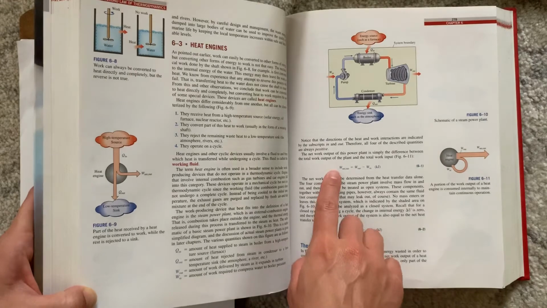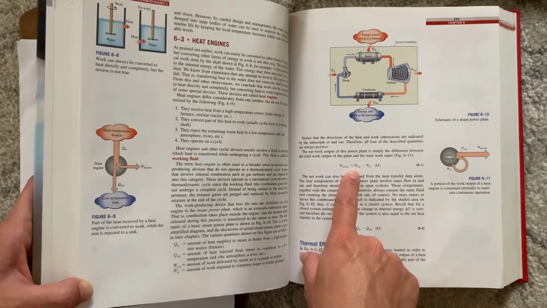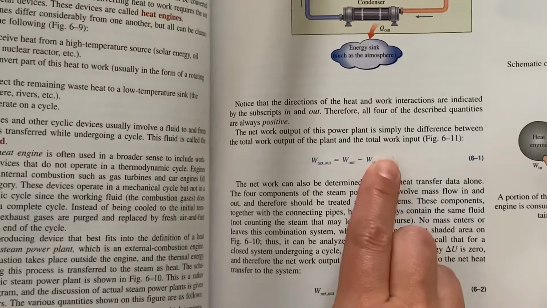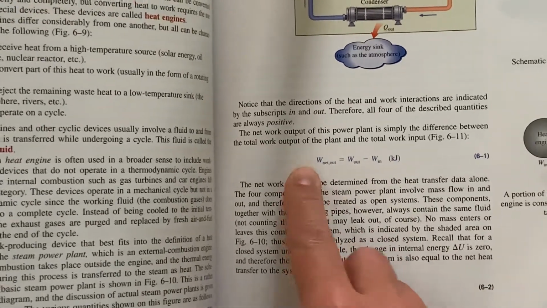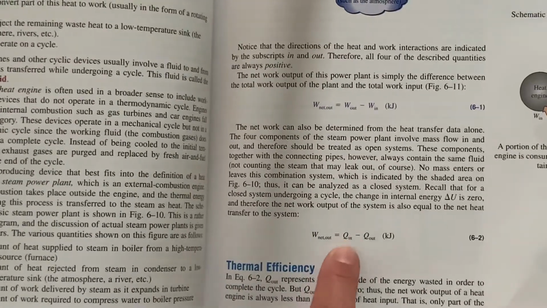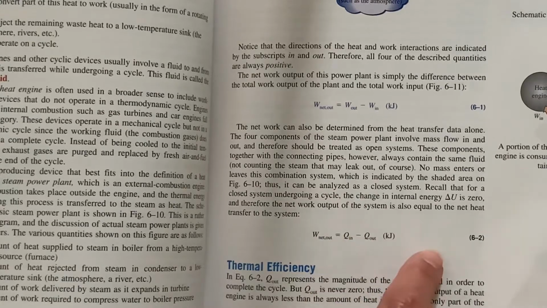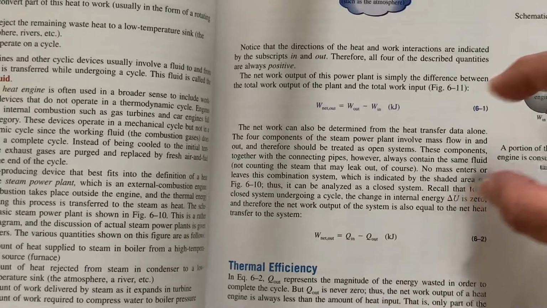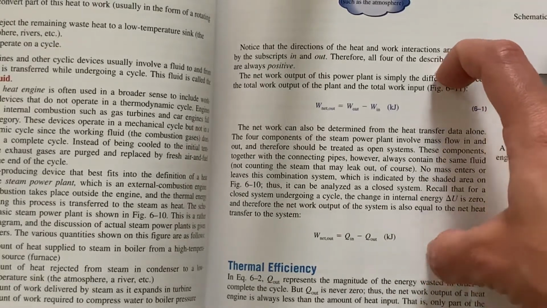We can use work net out being our work out minus our work in. This was presented in the earlier lecture. We can also set work net out in terms of heat energy: our heat energy coming in minus our heat energy coming out. These are the same for a closed system undergoing a cycle.